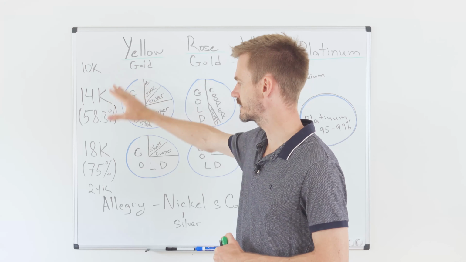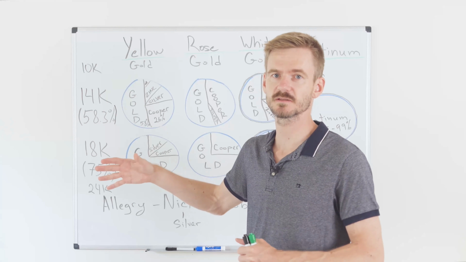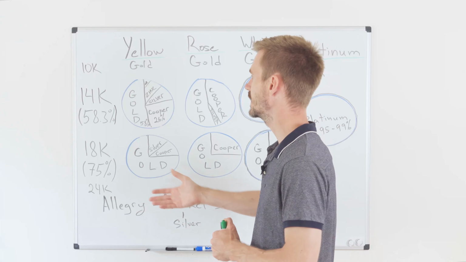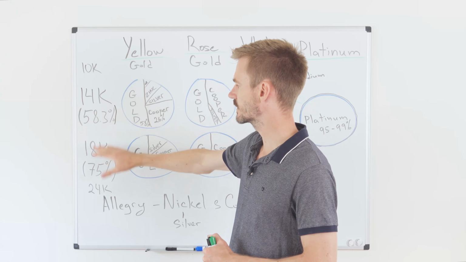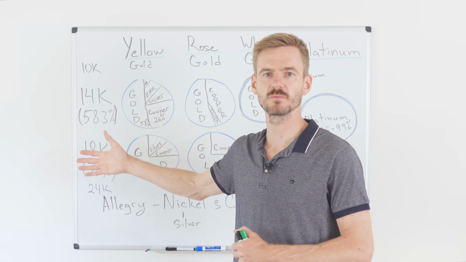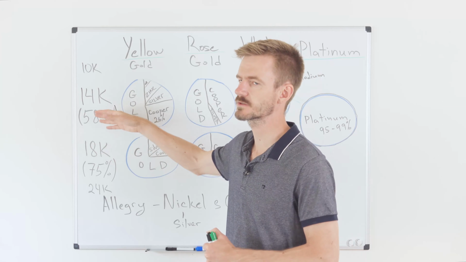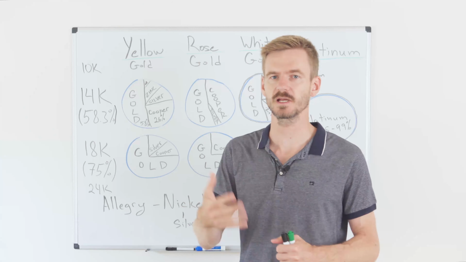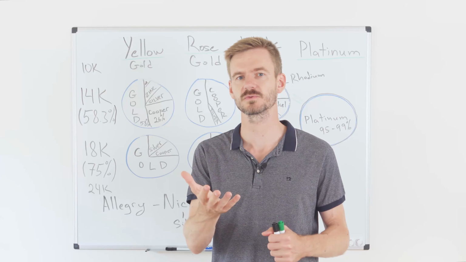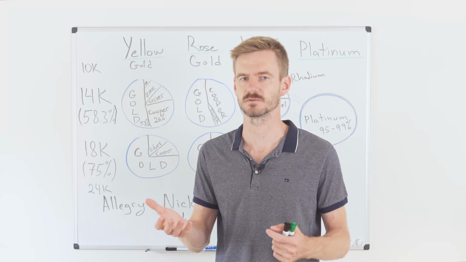You might be seeing these numbers, but they might be slightly confusing for you. Carats of the gold refer to how much of the actual gold we have in the alloy, and they are actually different from the carats of diamonds or gemstones.